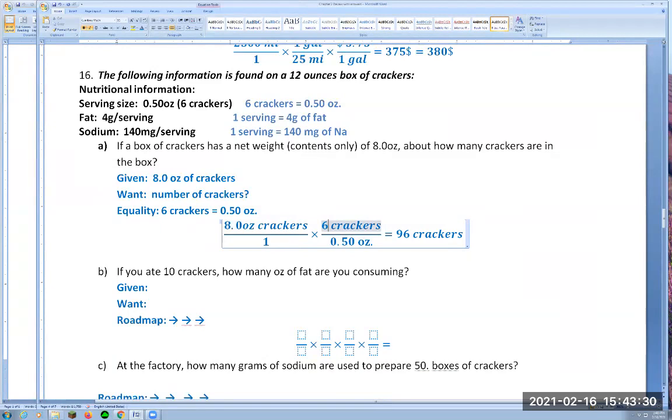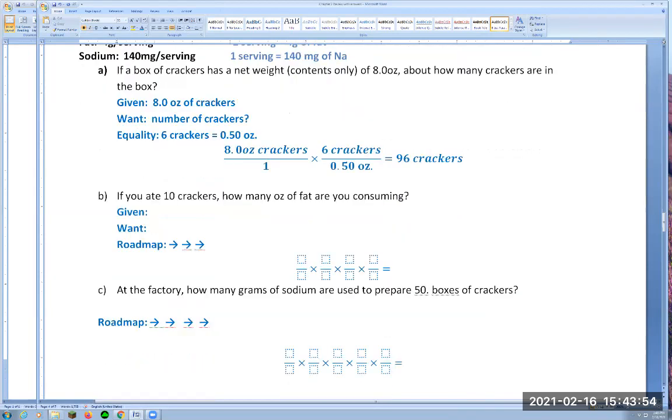Here it's obtained by counting the number of crackers, and it's not limiting the number of sig figs. So we are limited by 2 sig figs from the given amount of ounces. So we keep the 9 and the 6. So that's 96 crackers in a box. That's a lot.